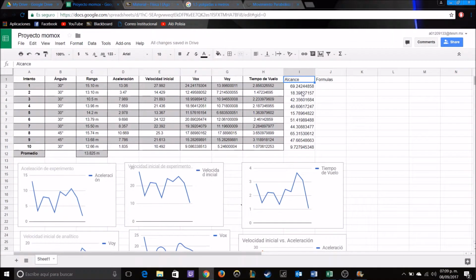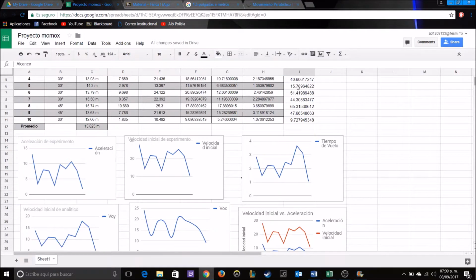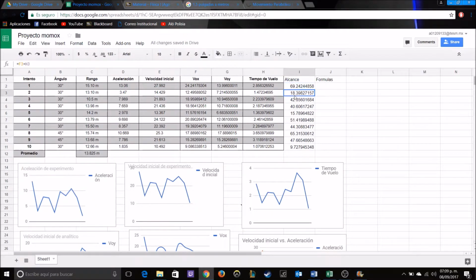Well, also for the range of every throw, in the analytic way, we determined that the math just didn't add up, because we got an extremely big range in some of our results, and in some of them we got really accurate ones, like in this example.